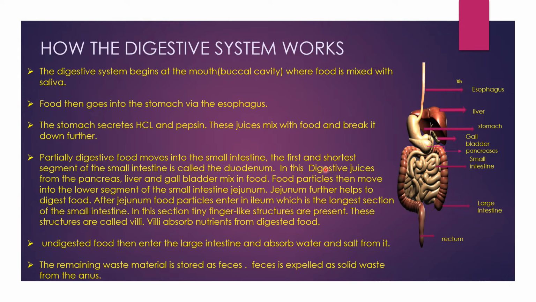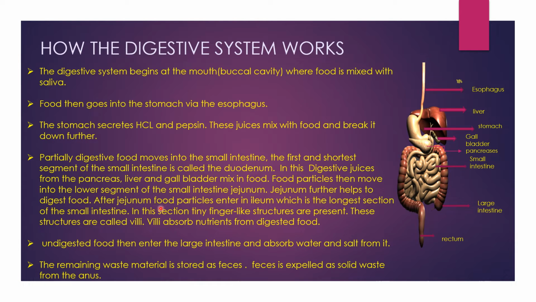Now see what will happen in the duodenum. Here, digestive juices from the pancreas, liver and gallbladder mix with the food. Food particles then move into the next segment, the jejunum. The jejunum further helps to digest food.